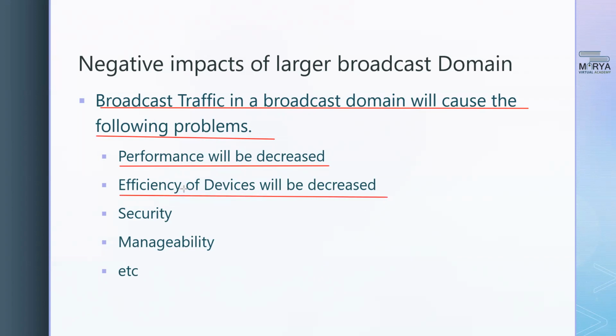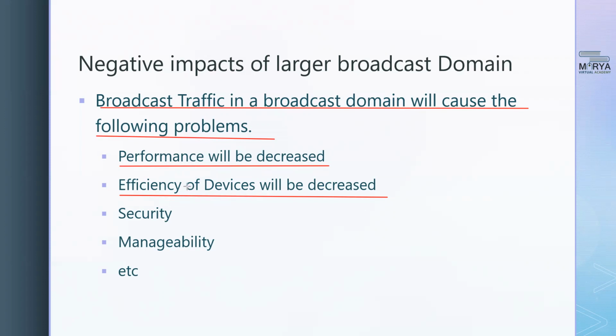Efficiency of devices will be decreased, meaning your devices' capacity will be wasted by the broadcast traffic. Whenever devices are going to send some useful traffic, sometimes they have to face the congestion of broadcast.